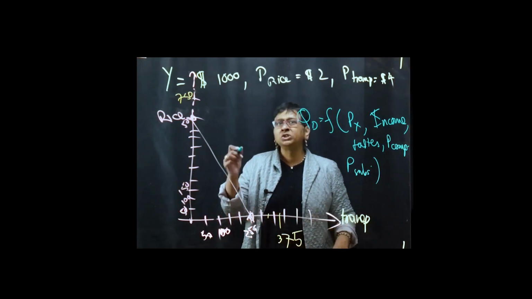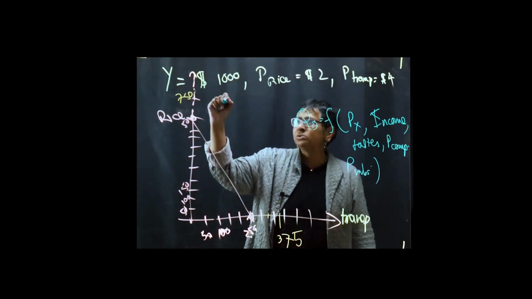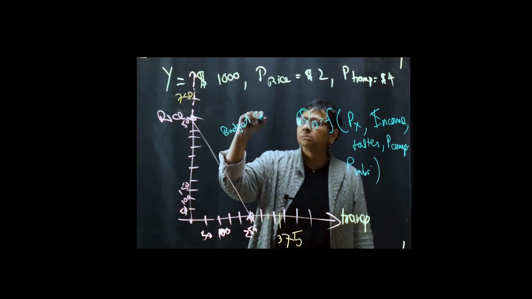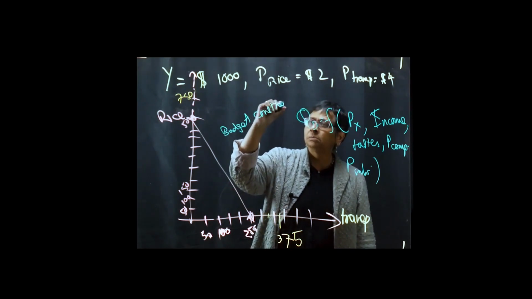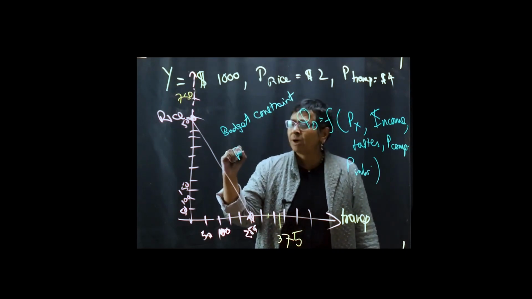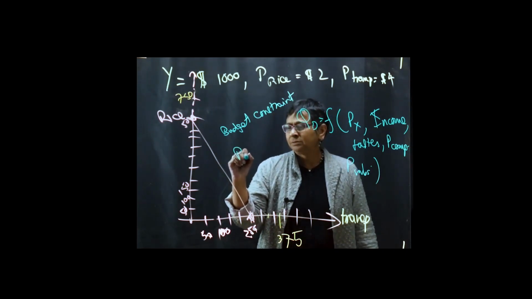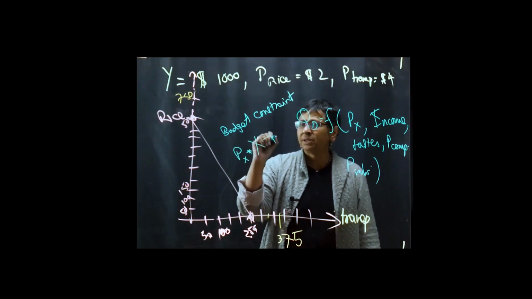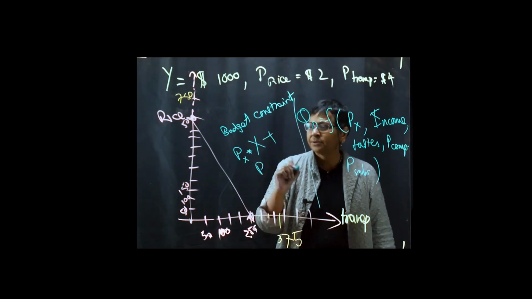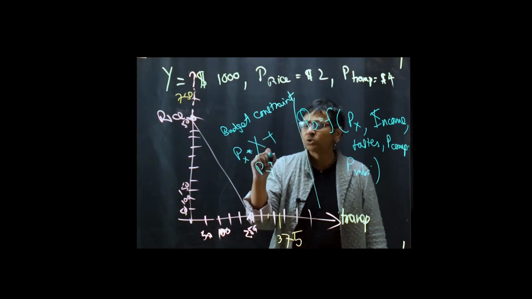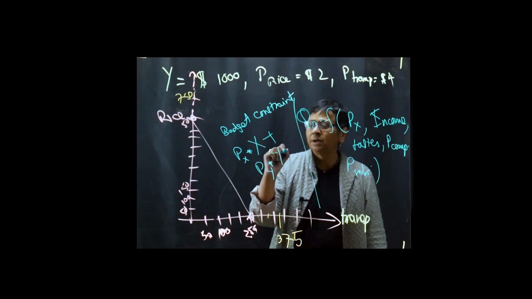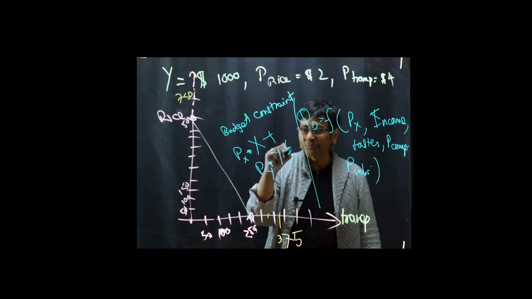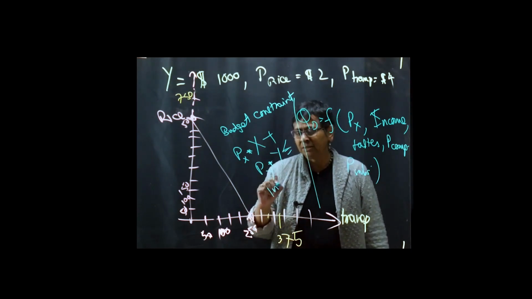I've got an equation that says the budget constraint is price of good X times quantity of good X plus price of good Y times quantity of good Y, and this must be less than or equal to income.